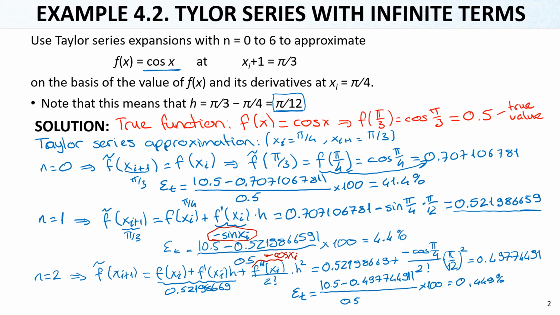So 0.4% almost, or 0.5%. And you can see that adding the terms improved the error very nicely, and we can predict with good accuracy. So we can further add up to 6 and continue on seeing how the error reduced, but we will do that in the next slide.